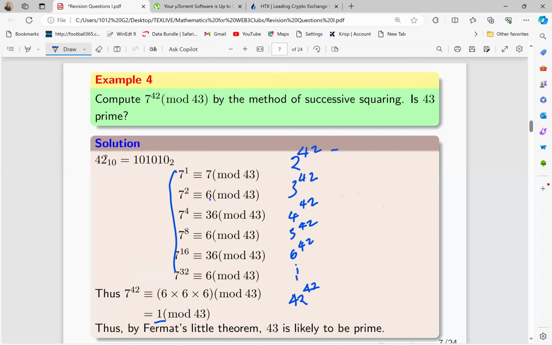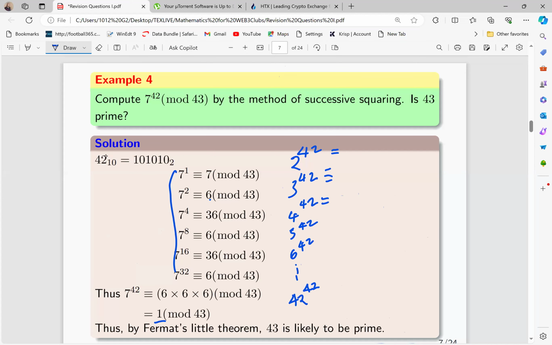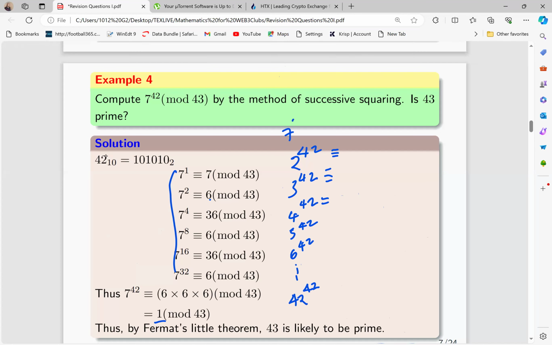If all these give you 1, and 7 has already given us 1, then you have confirmed that 43 is a prime number.